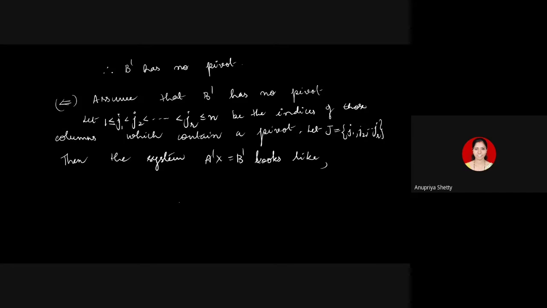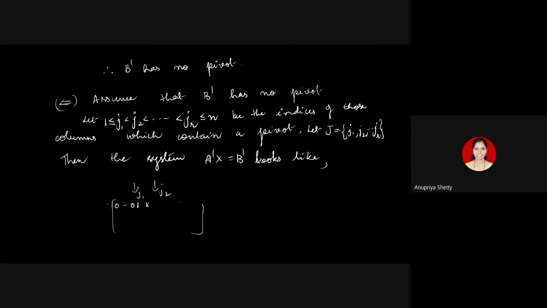Which is that first column that has a pivot here? J1th column has a pivot. What do you mean by J1th column has a pivot? So in that J1th column, when I draw that matrix, here if this is J1th position, say this is J2th position, 1 is present here.